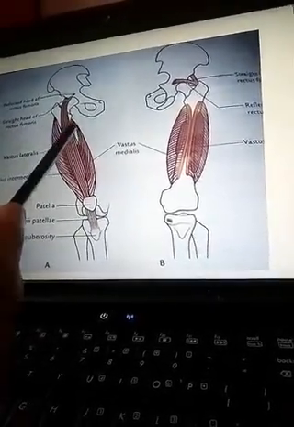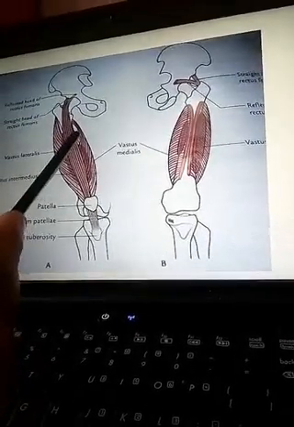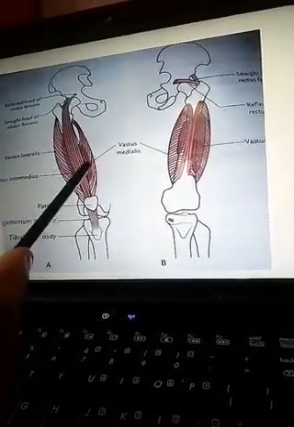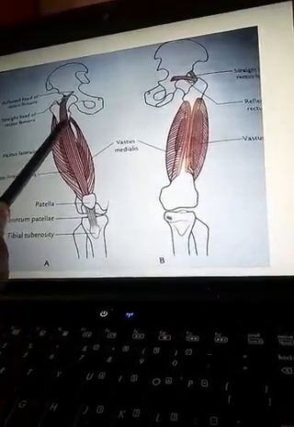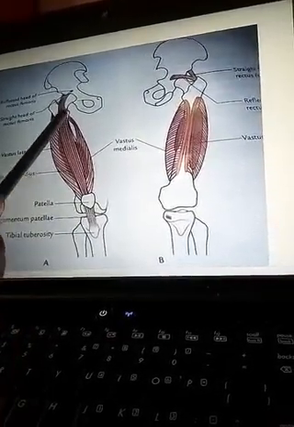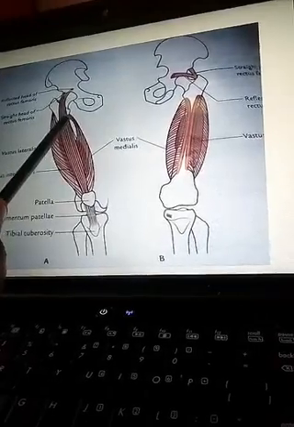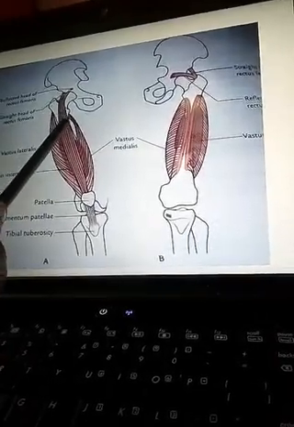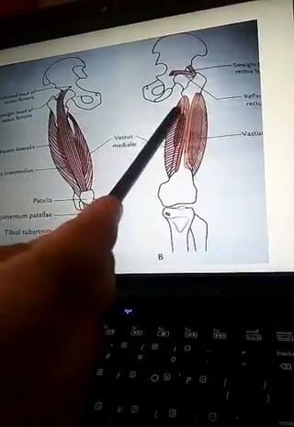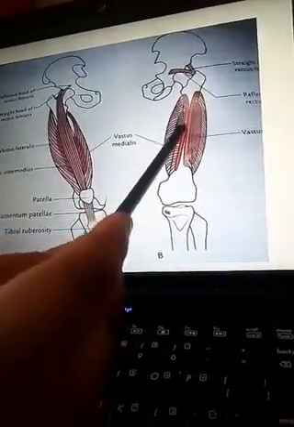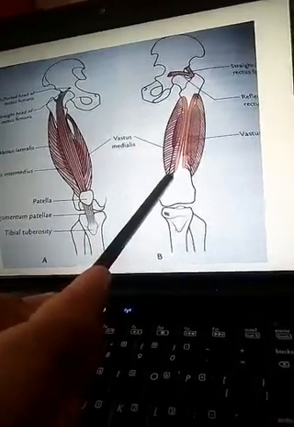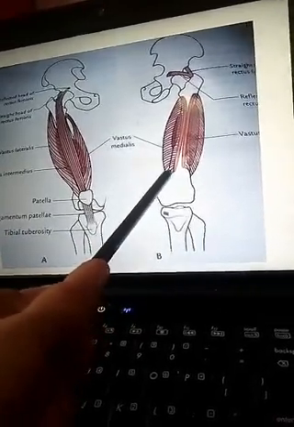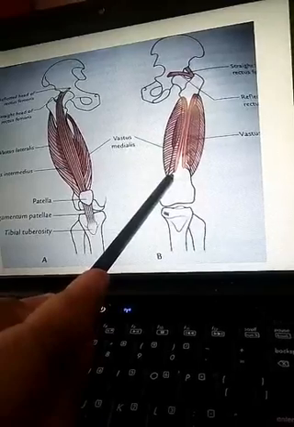Now vastus medialis, it covers the medial surface of the shaft of the femur. It takes a linear origin from the lower part of the intertrochanteric line, spiral line, medial lip of linea aspera, and upper two-thirds of the medial supracondylar line.